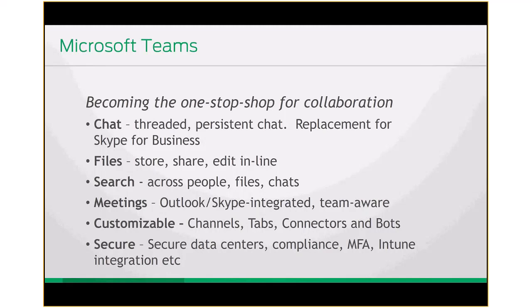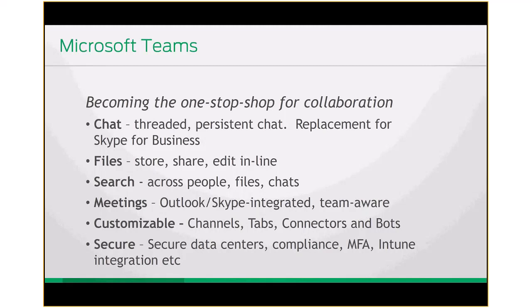What we mean by persistent here is that you have a chat conversation within the context of a team, and that chat conversation is preserved for other people that join the team, and they want the context. They want to know what's happening around this project. All this stuff is retained, is searchable, and a lot of information is kept and shared for the rest of the team.